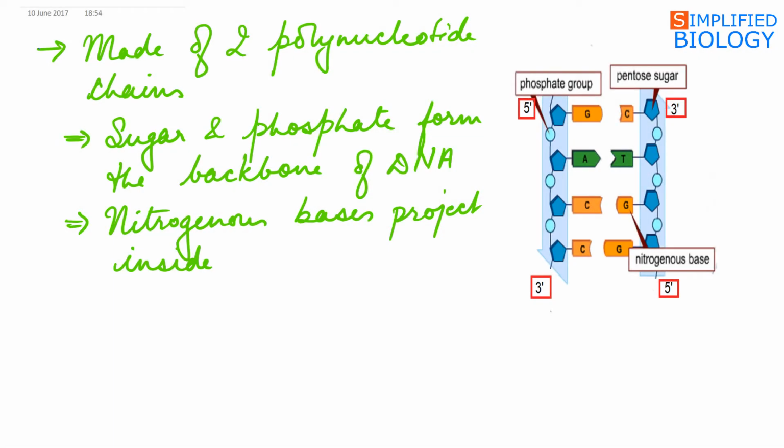A DNA molecule is made up of two polynucleotide chains. Now, these are the two polynucleotide chains seen in a DNA molecule, where the sugar and the phosphate form the backbone of the DNA, while the nitrogenous bases project inside.